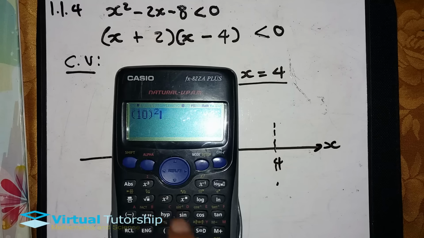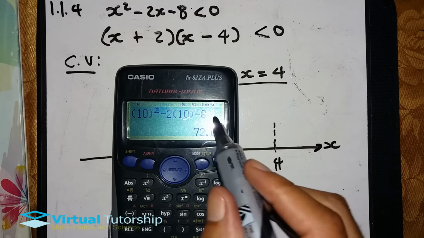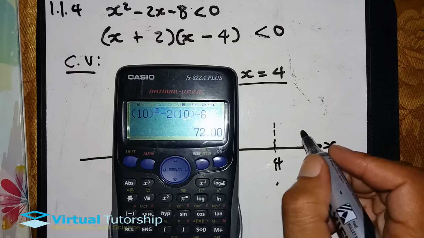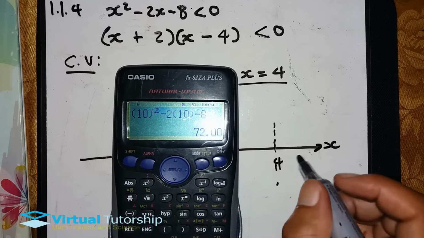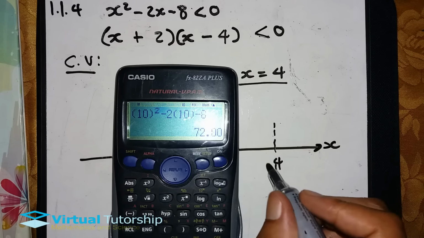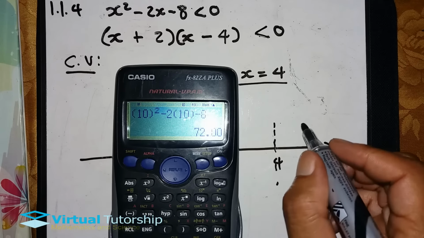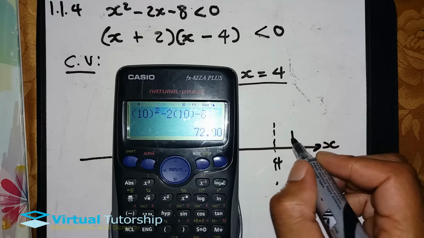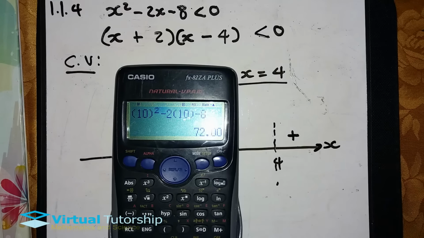So it will be 10 squared minus 2 times 10 minus 8, which is 72, positive 72. So in other words all x values greater than 4 will give me a positive answer, right?